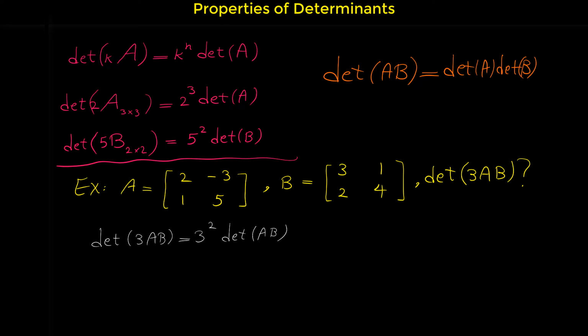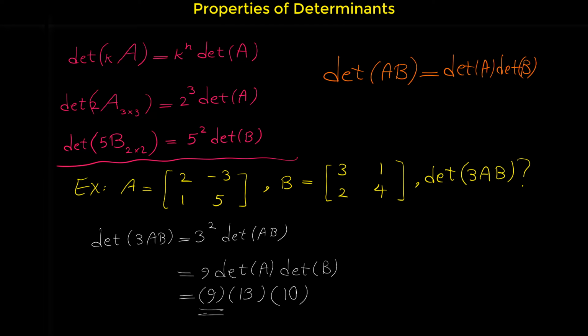So, instead of multiplying A by B, you can say this equals 3 to the 2, which is 9, times determinant of AB, which based on this property is equal to determinant of A times determinant of B. Determinant of the matrix A is 2 times 5, which is 10, minus negative 3 times 1. 10 minus negative 3 is 13, so this equals 9 times 13 times the determinant of the matrix B, which is 12 minus 2, 10.